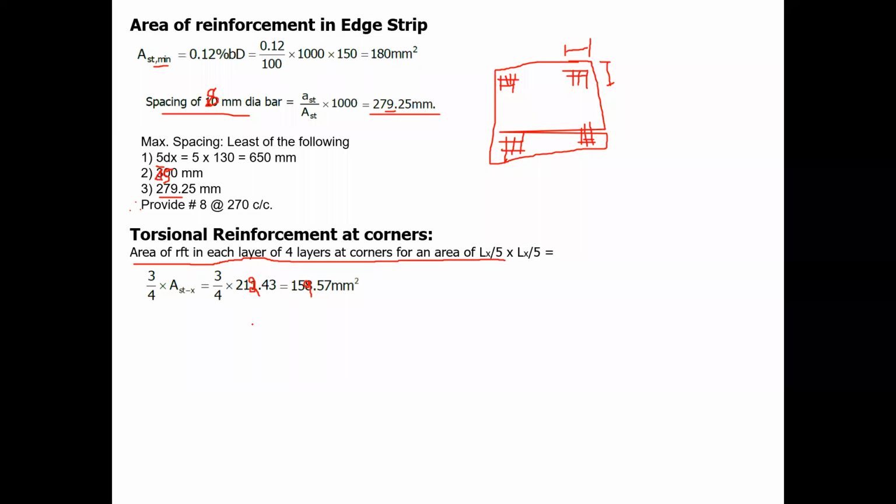Okay. So now you calculate the spacing. Take down: spacing of 8 mm dia bar is equal to small ast by capital AST into 1000.